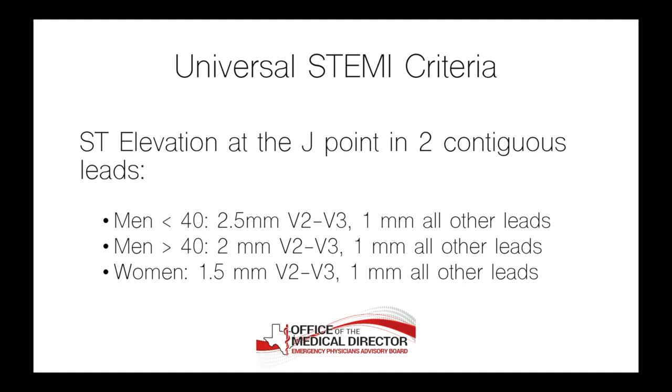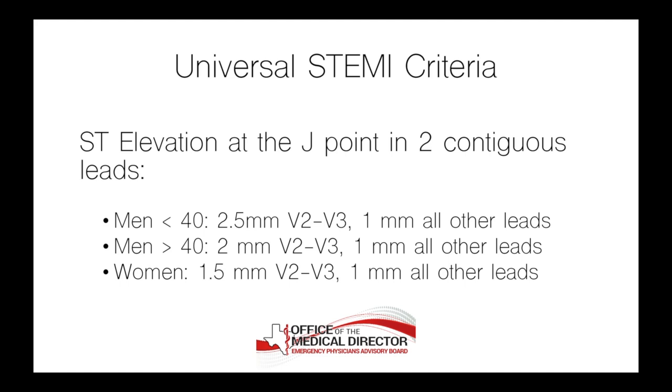These are leads that may have some normal ST elevation found in them, which is why they require a little more definition. So in V2 and V3, if you are a male and you are less than 40, we'd expect to find 2.5 millimeters of elevation to meet STEMI criteria, so 2.5 boxes. If you're greater than 40, 2 millimeters of elevation in V2 and V3, 2 little boxes.